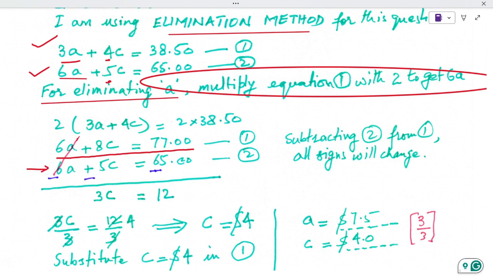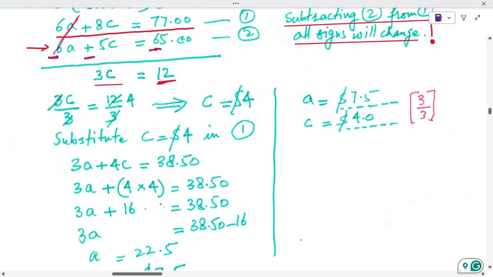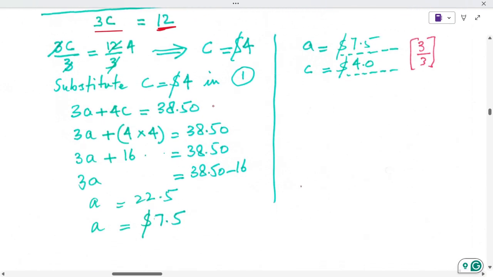Now it is easy to eliminate A from these two equations. I subtract equation 2 from equation 1, which means all the signs of equation 2 are changed. So 6A minus 6A will be 0. 8C minus 5C will be 3C. 77 minus 65 will be 12, and solving it, we get C equal to $4.